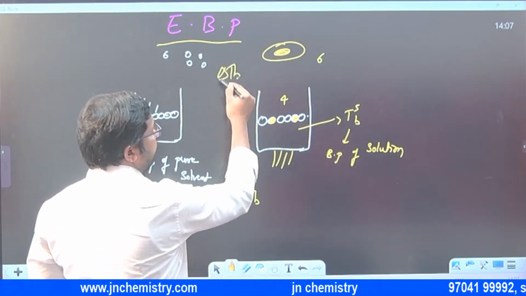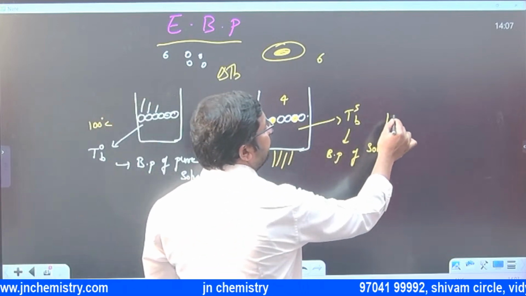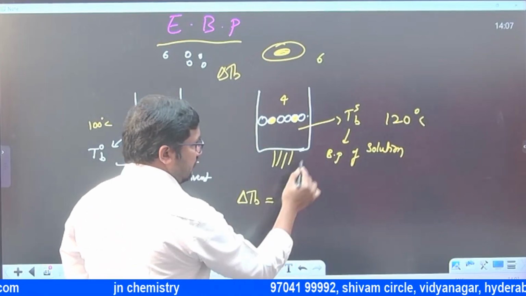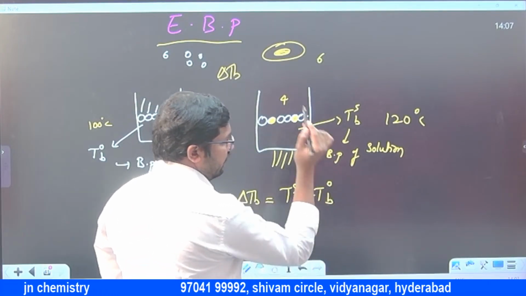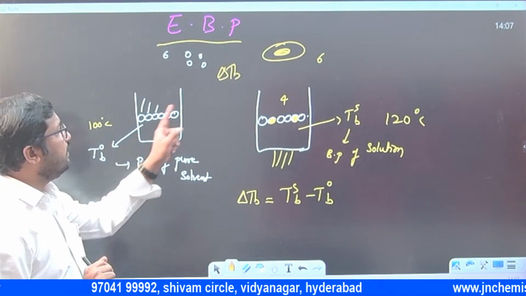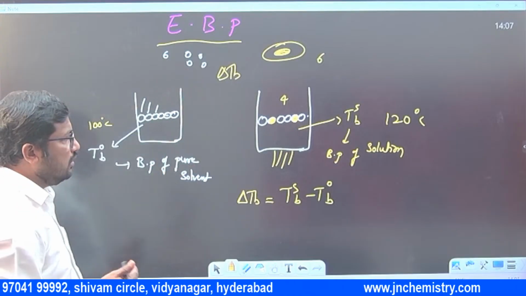What is delta TB equal to? It will be somewhat 120, 130 degrees centigrade. So TSB minus T0B. This is the elevation in the boiling point. Don't confuse it with T0B minus TSB, because it is elevated.